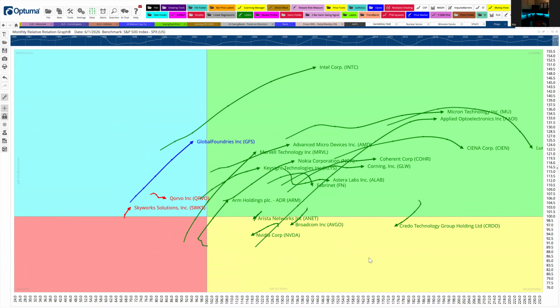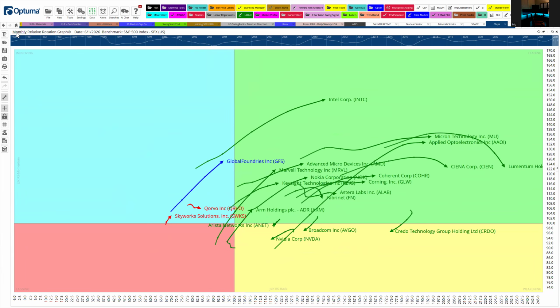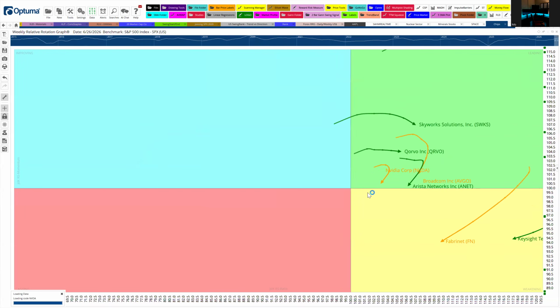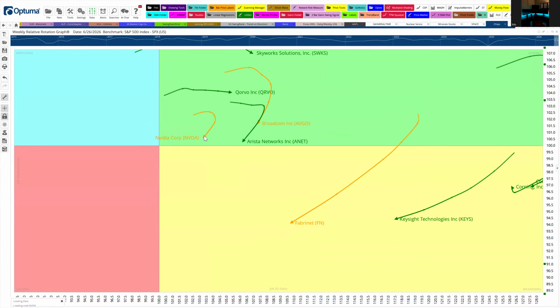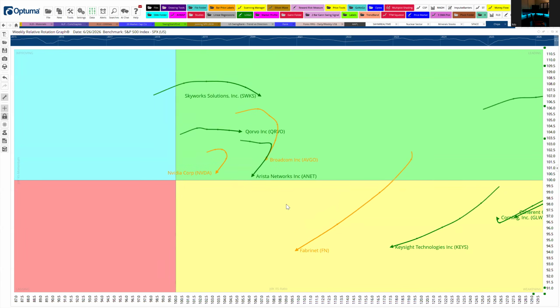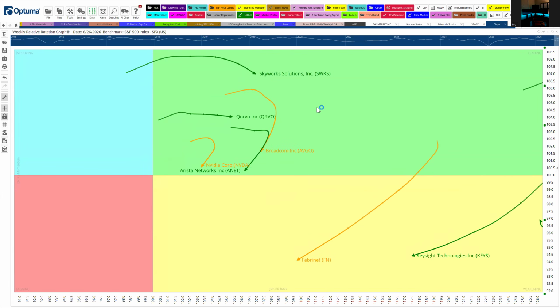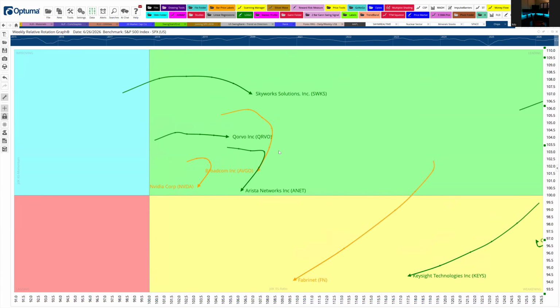This is monthly. Now we come back here to the weekly time frame, same names. See, the monthly cycle. I don't have monthly signals on the ThinkorSwim screen; you cannot script that.